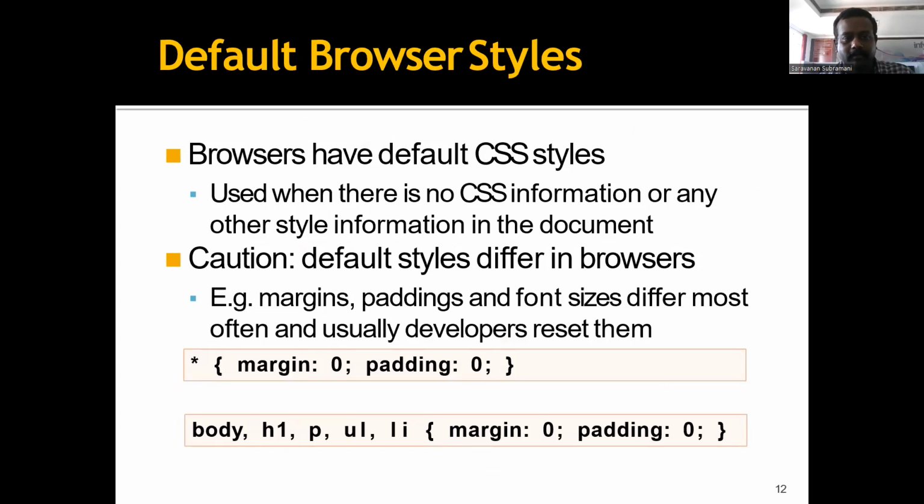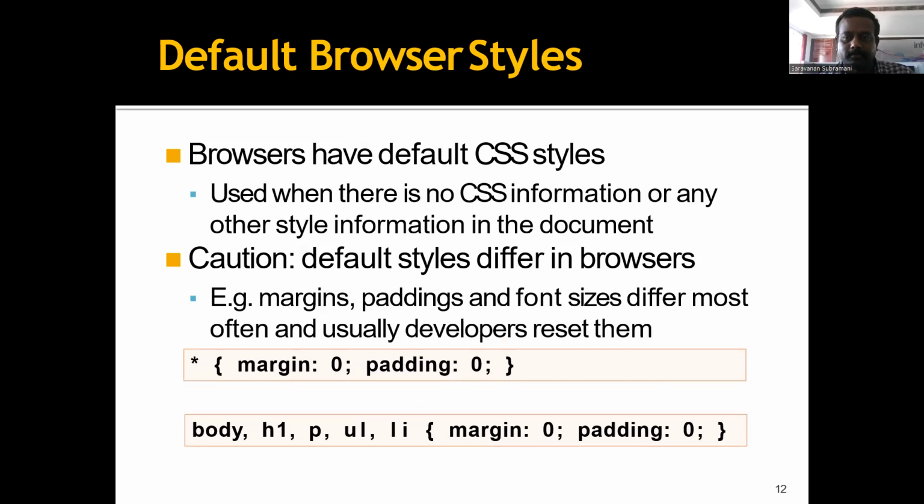There is also the default browser style. Browsers have default CSS styles. They use them when there is no CSS information or any other style information to apply. So default styles differ between browsers, such as Chrome or IE or other browsers.